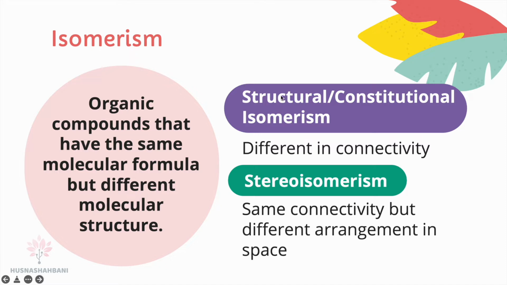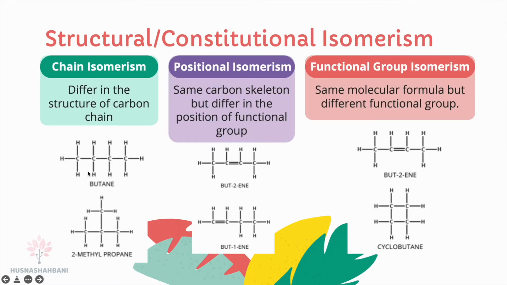So again, structural isomers differ in connectivity. They have the molecular formula of C4H10. Here, C4H10 as well, but different connectivity. In this one, the first carbon has 3 hydrogens attached, then 2 hydrogens, 2 hydrogens, 3 hydrogens.